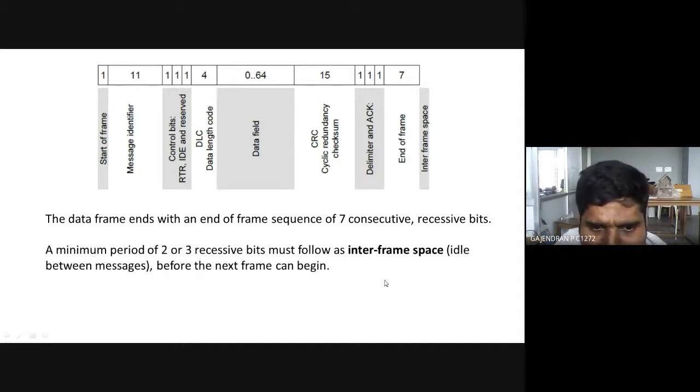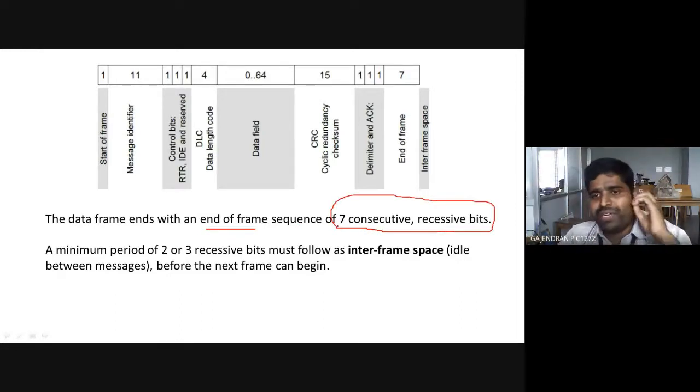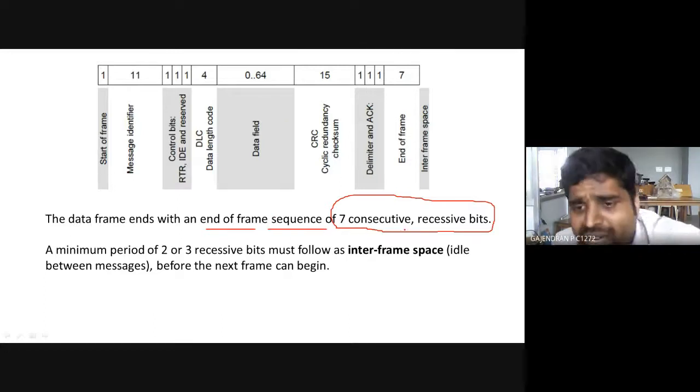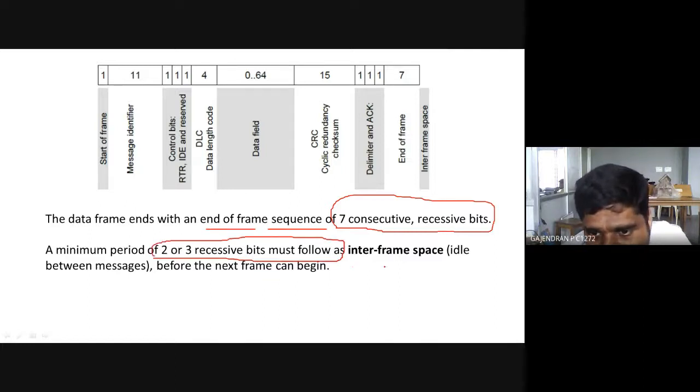Whatever other values we give for the delimiter, we give them. After that we give the end frame. What is the pattern of the end frame? Please note down, your end frame is a sequence of 7 consecutive recessive bits. Minimum 2 or 3 recessive bits must follow as an interframe space.